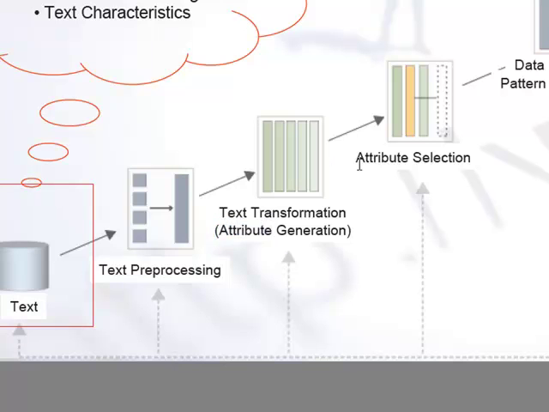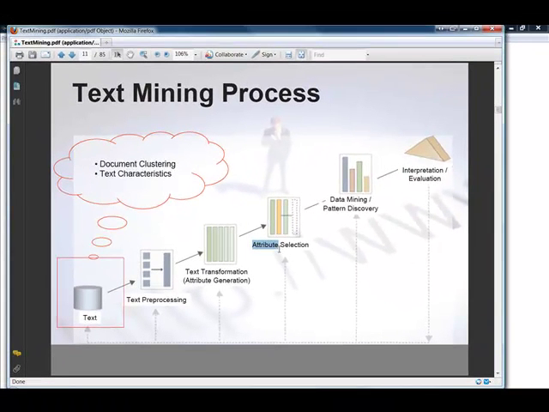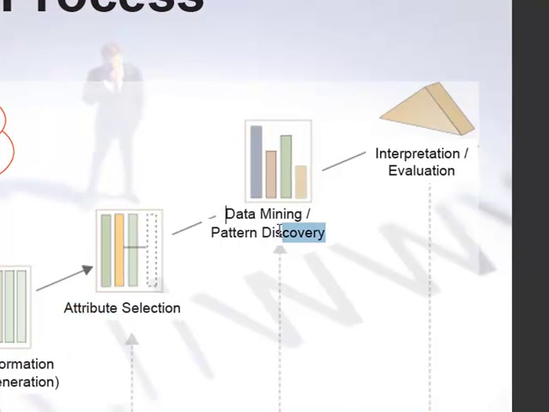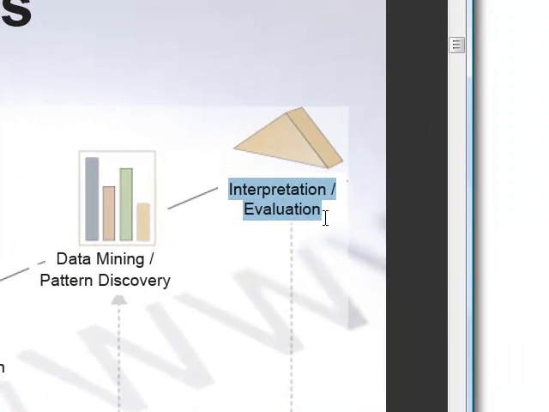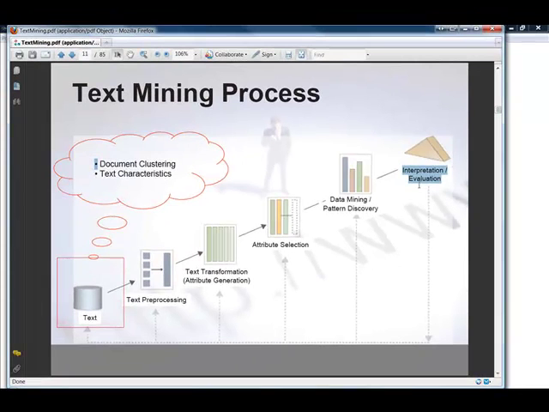And attribute selection, so if you have a lot of variables, you might want to choose only the most important ones. And then after you've done all of that, you do data mining on it. And then of course you might want to interpret your results and evaluate your results.